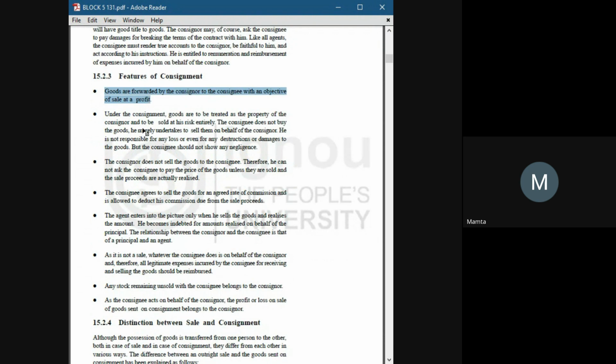They will not pay you. The consignor doesn't sell the goods to the consignee. Therefore, he cannot ask the consignee to pay the price of goods unless they are sold and the sale proceeds are actually realized. The consignee agrees to sell the goods for the agreed rate of commission and is allowed to deduct his commission due from the sales proceeds.